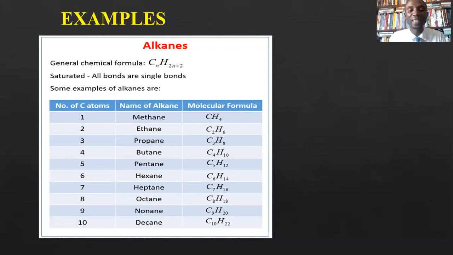Fifth, pentane. Sixth, hexane. Seventh, heptane. Eighth, octane. Ninth, nonane, and tenth, decane. And with that formula, you generate the molecular formulas of these members. That is how you can do it for other families or homologous series based on their general formula for all their membership.